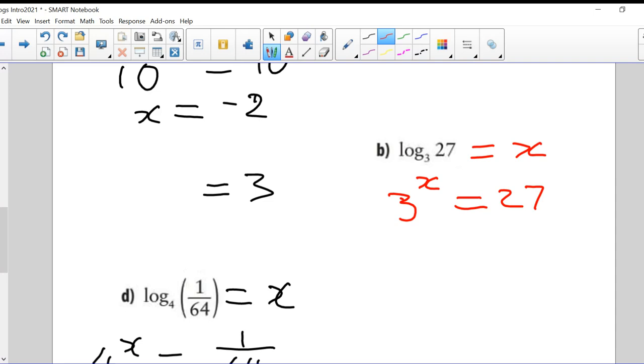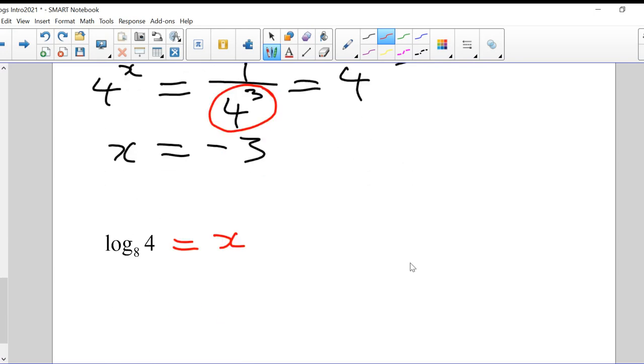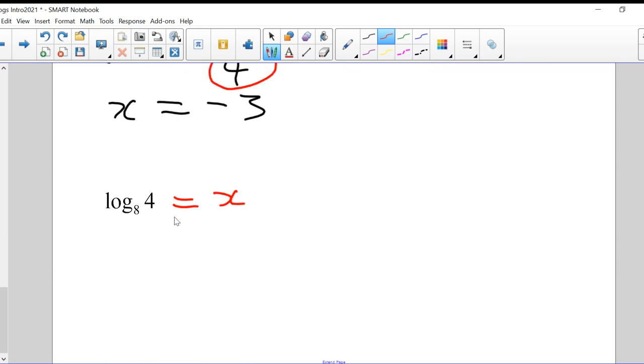Okay, so write the question down, and then write down the way that I wrote it in exponential form. And then when you've written it down, let me know. Okay, so apply the very same logic to this.